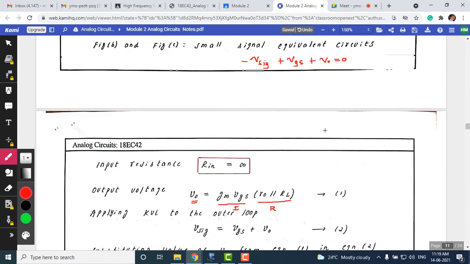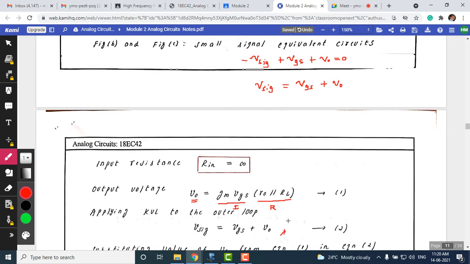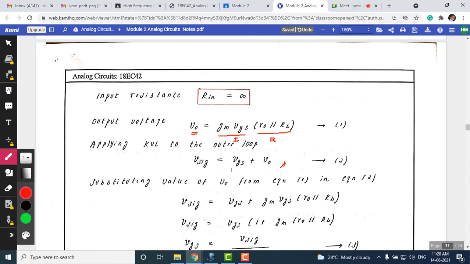As you can see here, V signal can be derived. V signal, the AC source, is equal to VGS plus V naught. You can see the same equation here, which is labeled as equation 2. So V signal is equal to VGS plus V naught.